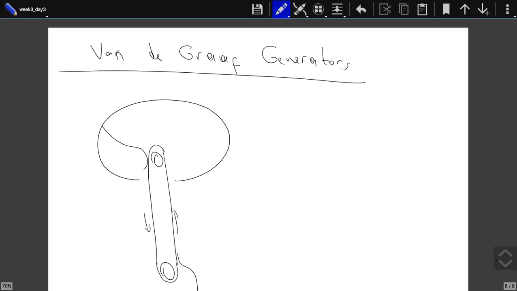As the belt keeps moving, you will add more and more charge to your system. If you add more and more charge, you don't really fix it at a constant potential. So in principle, nothing prevents you from adding more and more charge here. But at a certain potential, air will become ionized.